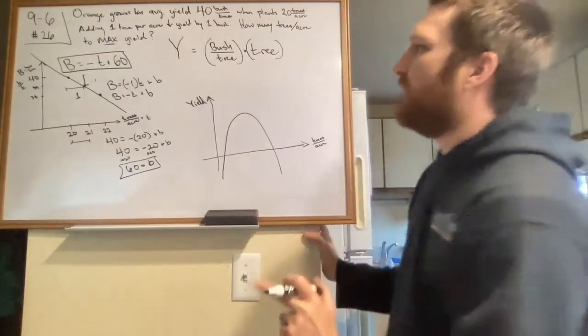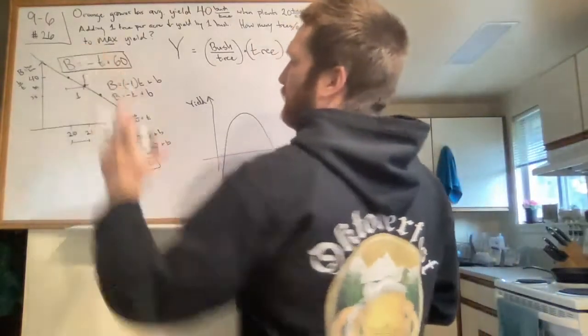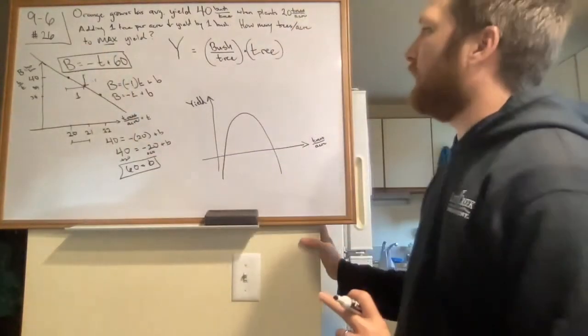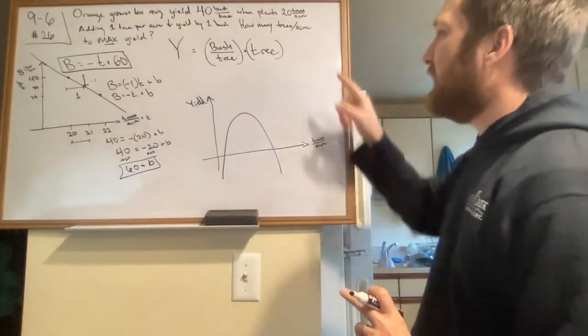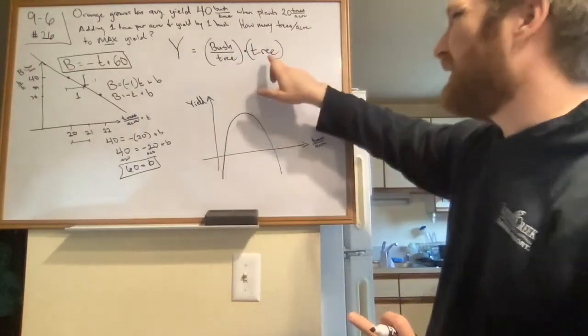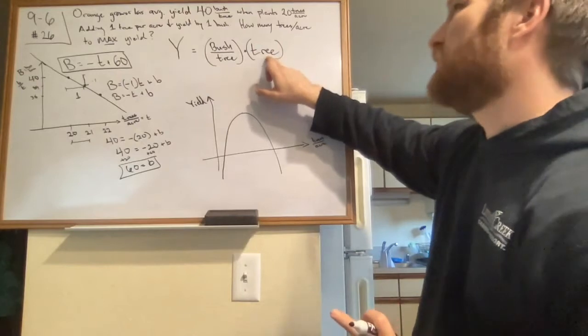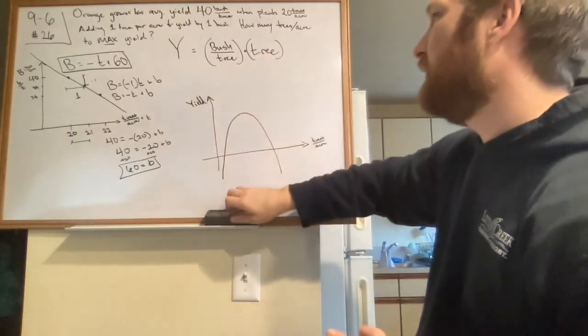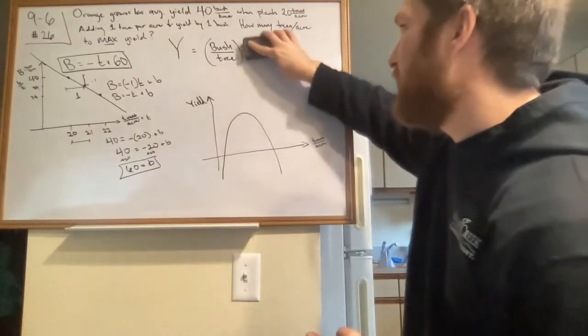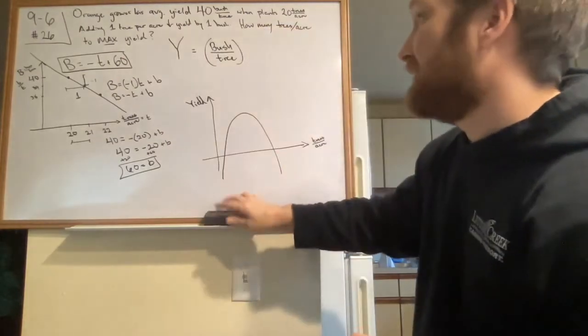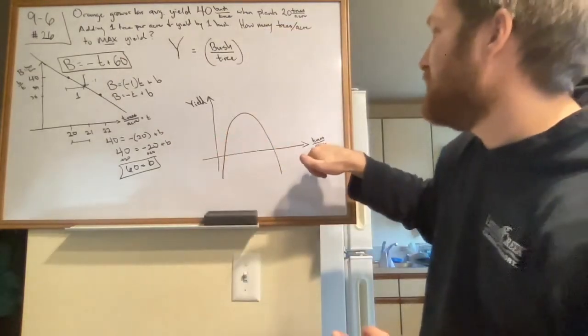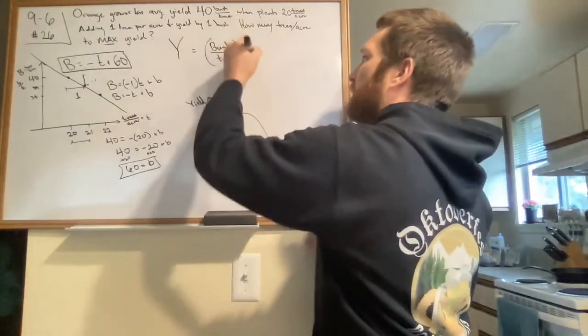So we have a function which gives us bushels per tree, right? And it's saying how many trees per acre. And so actually, I don't know how many actual trees I have, right? But that's not what we're messing with. We want trees per acre as my input.